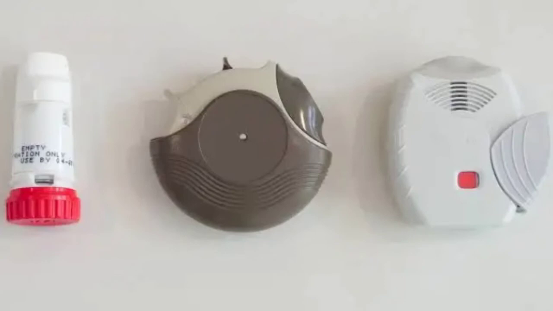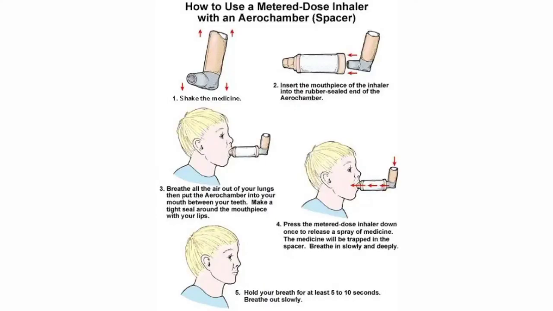So how are you going to use these MDI inhalers along with a spacer? The mechanism and the method is shown in this video. The first step is that you will shake the inhaler. The second step is that you will attach this inhaler to the spacer device.